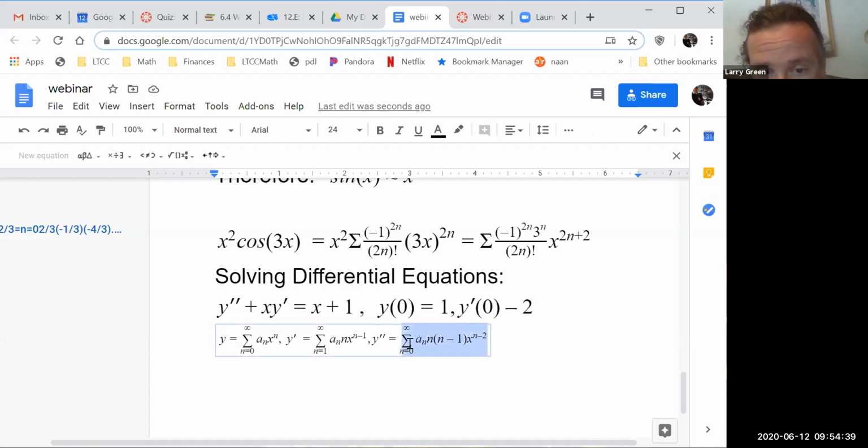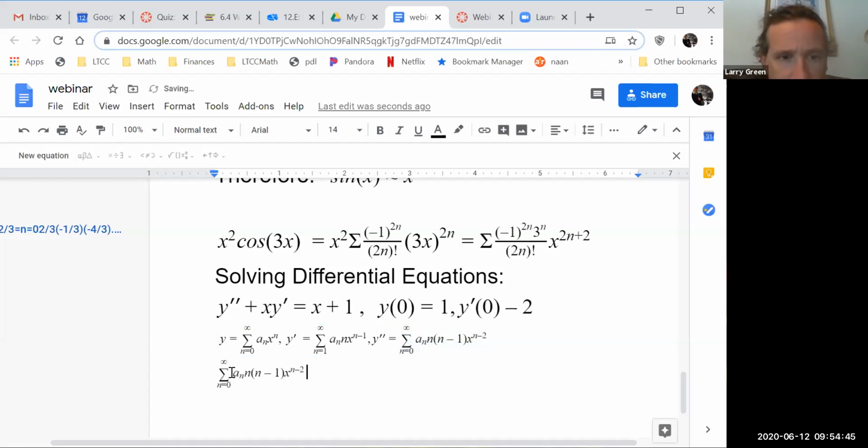So we can plug in the y double prime, and then plus, we plug in the y prime and multiply by x. And when you multiply by x, the n minus 1 becomes an n. And that is equal to x plus 1. Any questions on that?